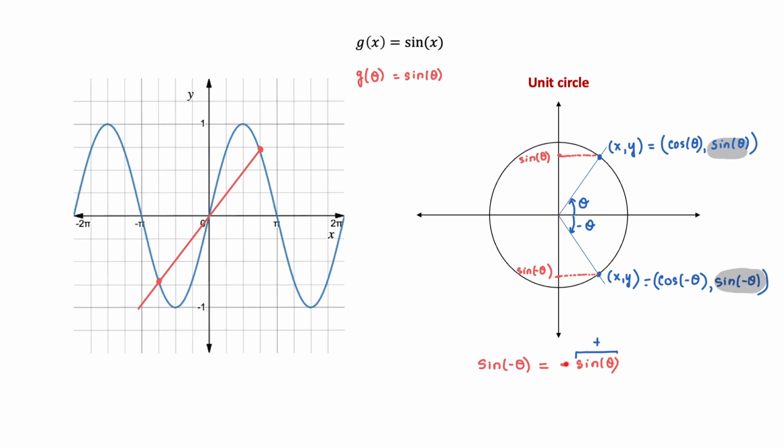So by putting a negative in front of a positive number, we're going to get a negative. And now we have nicely that a negative number is equal to another negative number. When you consider both of these over here, you're going to get one big negative number. So all these together is negative. So now nicely, a negative number equals a negative number. So this is saying that sine theta is odd.